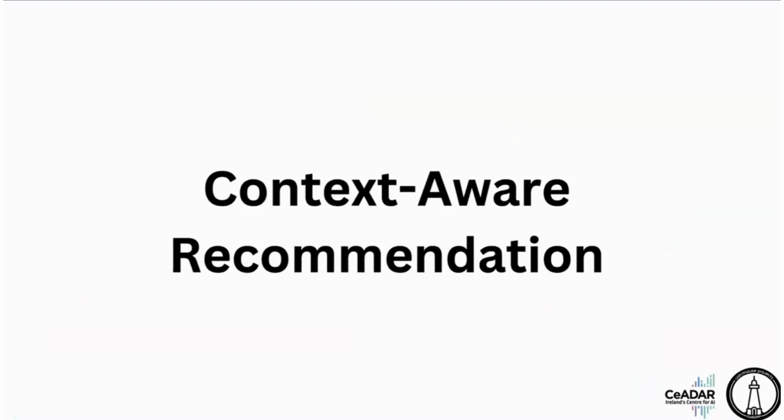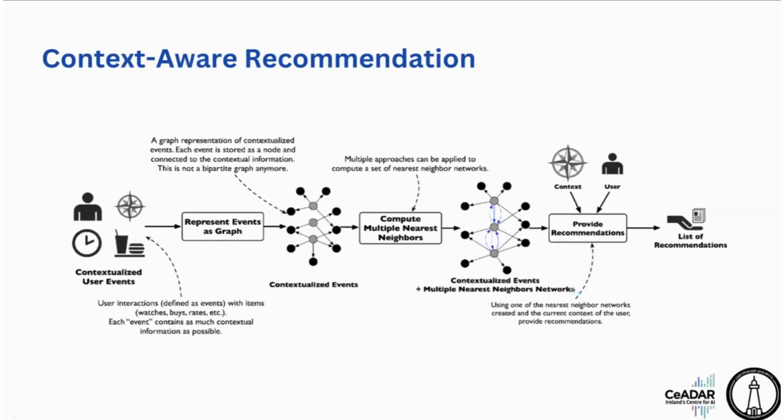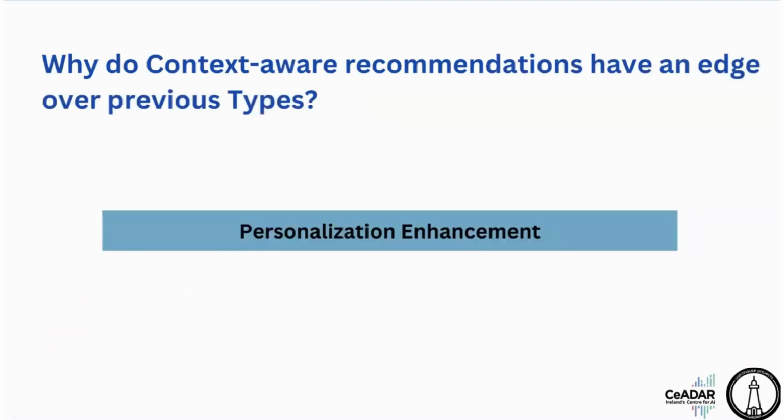So let's talk about what a context-aware recommendation system is. It uses a graph-based approach, where user interactions and individual items are observed and considered, then converted into a graph-structured format, processed using a nearest neighbor algorithm, and sent to the recommendation system.